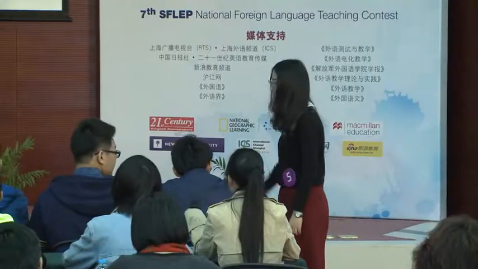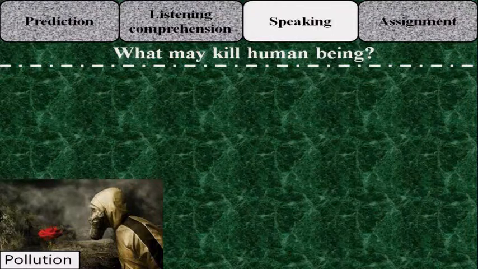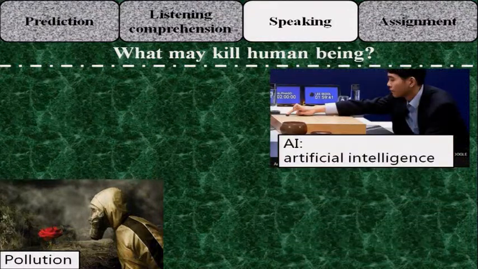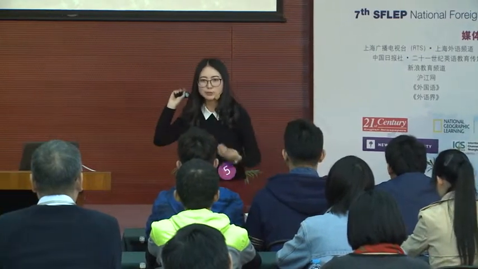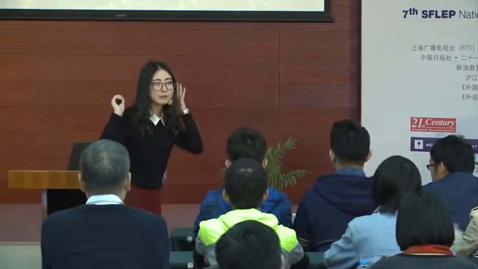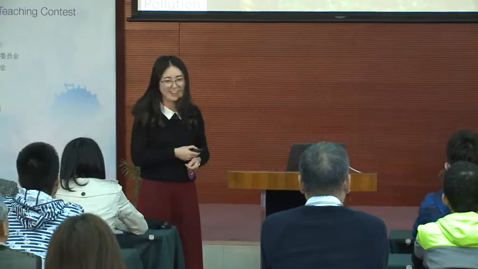So exactly. Okay, I think so. So pollution may get us killed. And also, just now that gentleman mentioned AI. Exactly, I also think so. Artificial intelligence. So you know the game, right? The game of Go. Computer actually beat the human mind, right? And also Professor Stephen Hawking warned us of the danger of AI, okay?